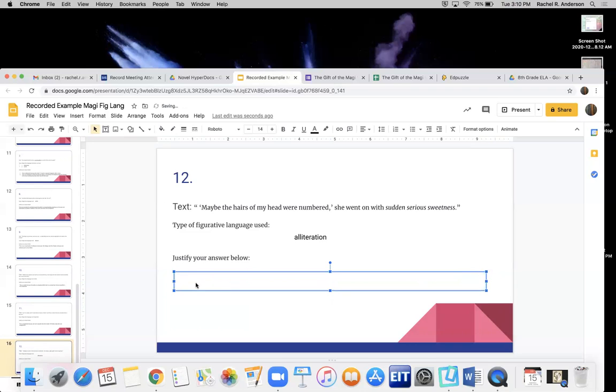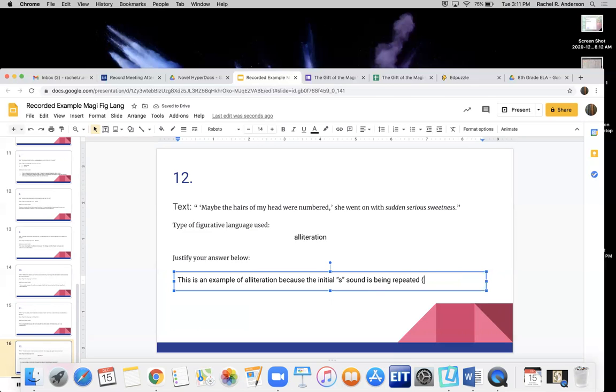It should tip off that little note in your brain that says, oh, wait, I know this. It's the repetition of a consonant sound. So this is an example of alliteration because the initial S sound is being repeated.